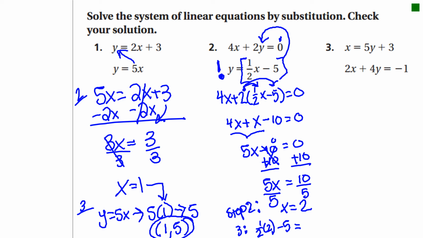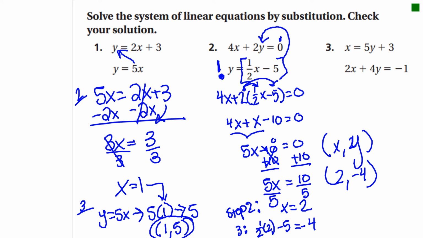Half of 2 is 1. And 1 minus 5 is negative 4. So our solution set, our answer, the point of intersection with the line, there's only one point of intersection, is x is, remember we write these as x comma y, x is 2, y is negative 4. And you did it.